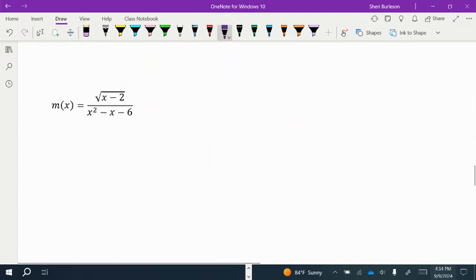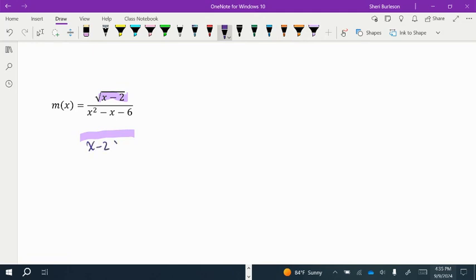What about this function? Now I have two different things that are affecting our domain. The first one is that I cannot have a negative value underneath the square root. So for this part of my domain, there will be two parts.